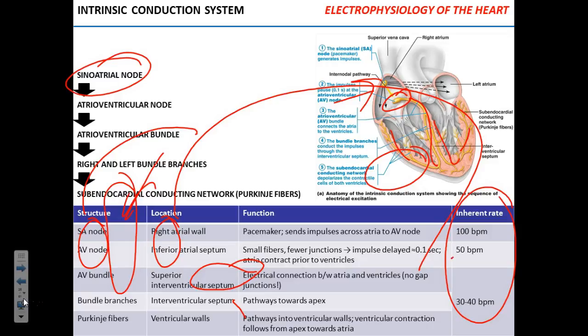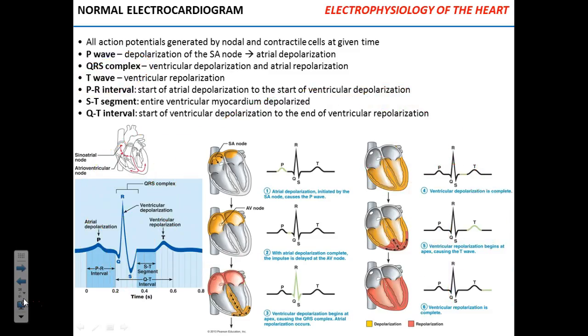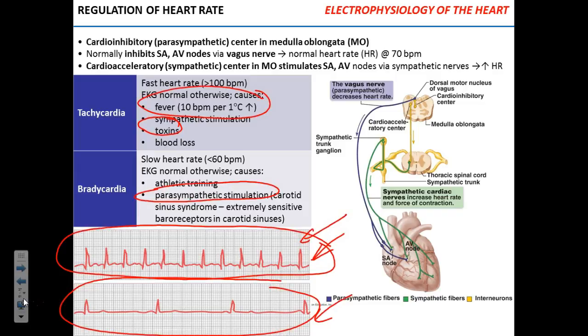AV node 50. And the bundles and Purkinje fibers and all the fiber system 30 to 40. But what is the regular, like a normal? 60, 70, yeah. It depends on the level of fitness a lot.